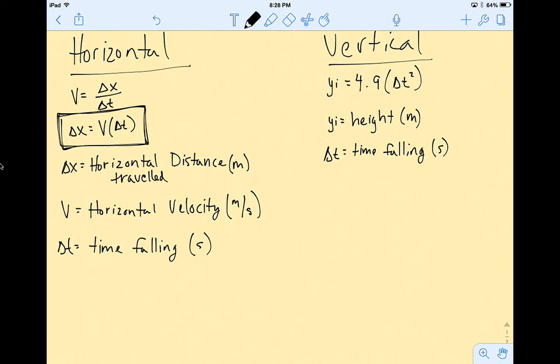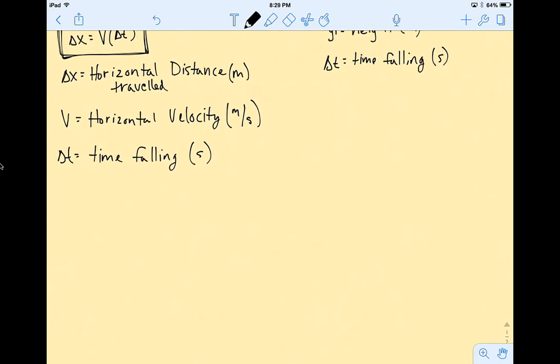Now, if we look at a diagram, so if I were to draw a situation like this, and then I drew the trajectory. So let's say that something flew like that.